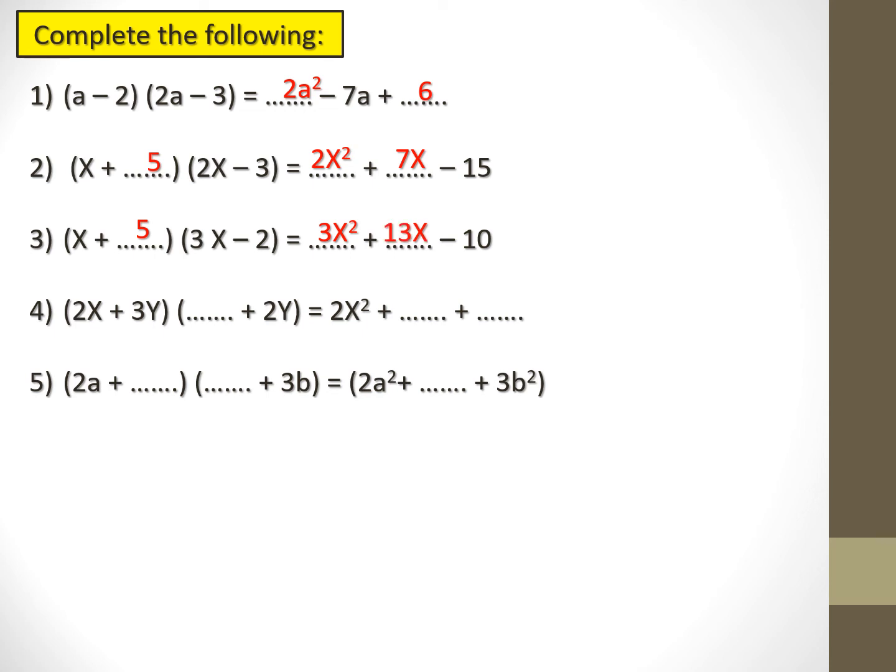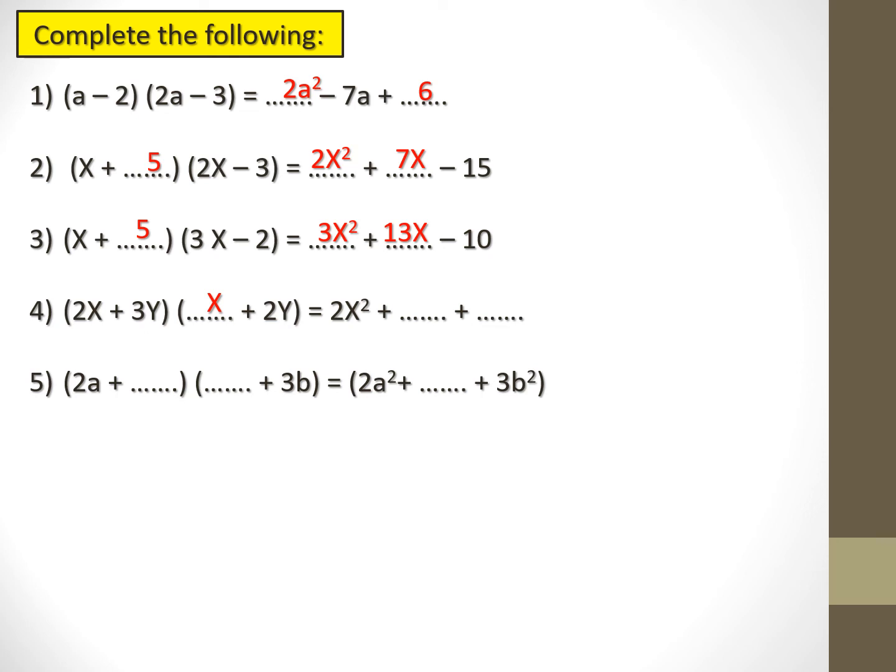Number 4, 2x plus 3y and space plus 2y. 2x times what equals 2x power 2, then it will be 2x times x, and the middle term, the addition of means and extremes, 3y times x, 3yx, and 2x times 2y equals 4xy.